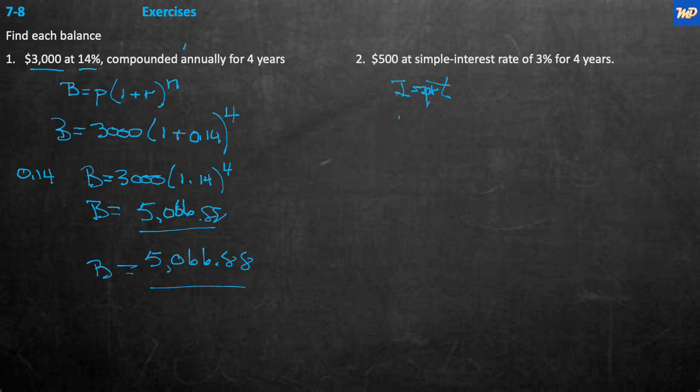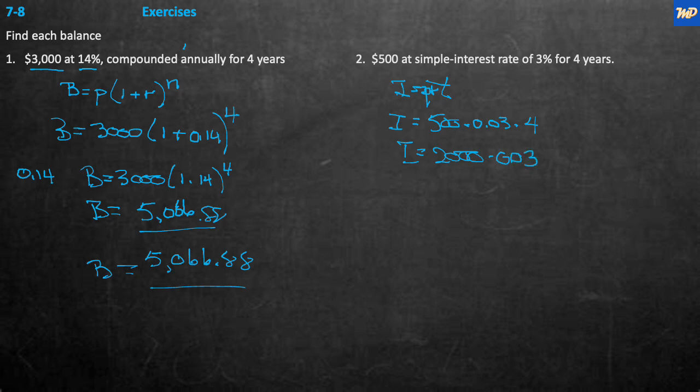So I is equal to P, the principal, 500, times R, which is 3%, 0.03, times 4 years. 500 times 4 is 2,000, so I equals 2,000 times 0.03.